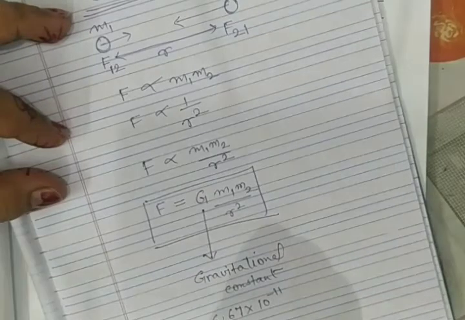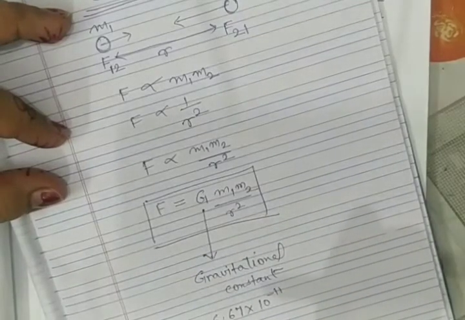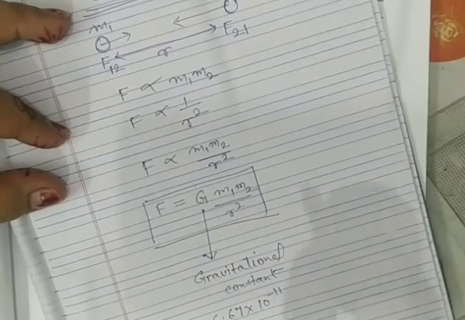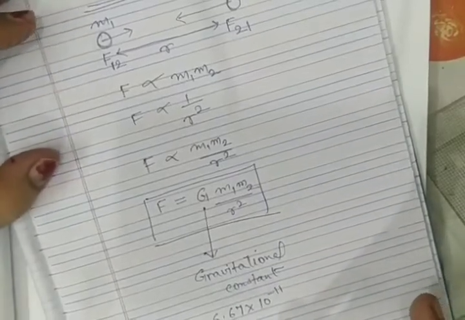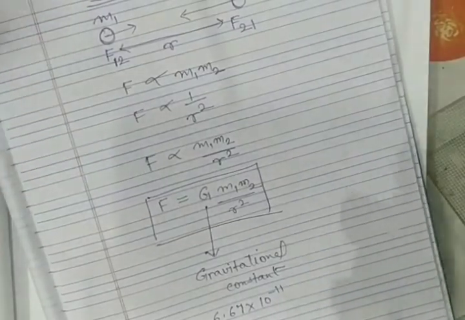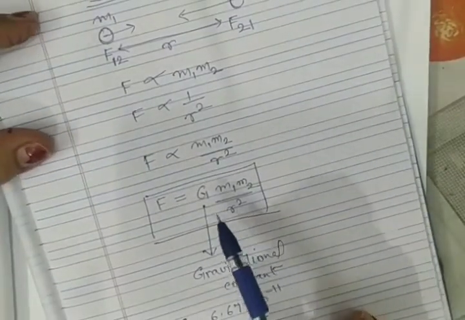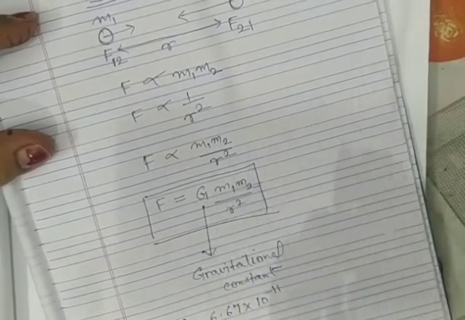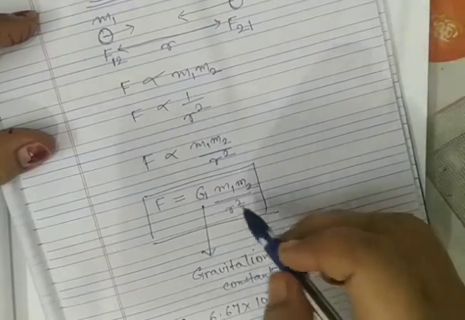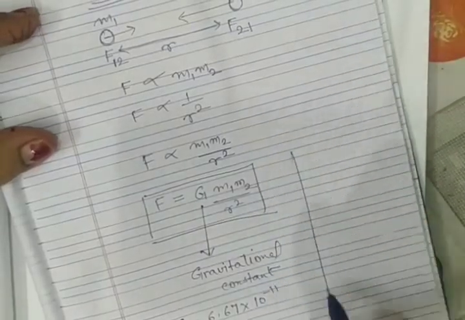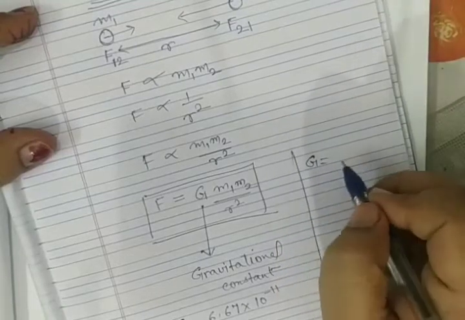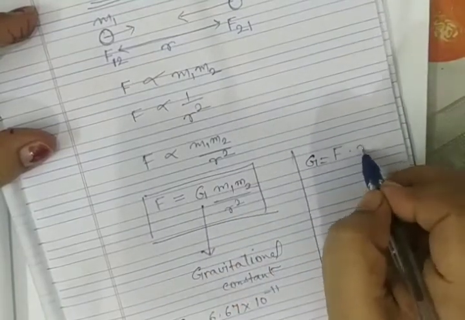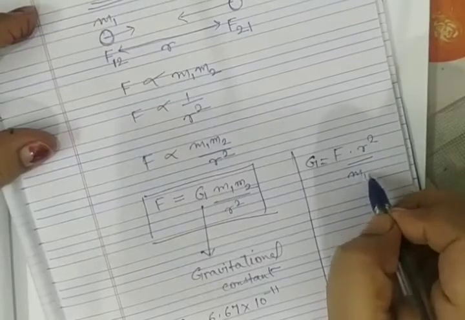Now when I am telling you about the value of G, let us discuss the unit of G also. As I have told you earlier, see children, now I believe that you should be able to derive the units yourselves. So when I say the unit of G, you must be able to calculate it from here only. From here you can write the formula of G. G is equal to F multiplied by r square upon m1 m2.